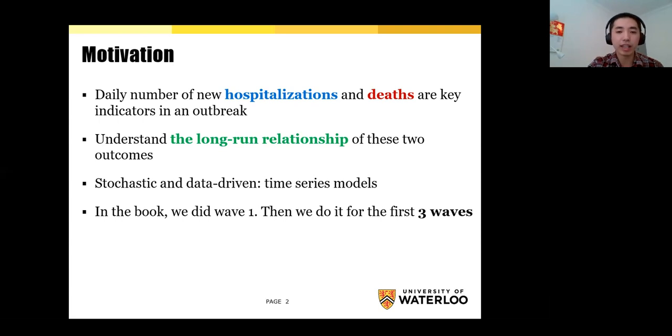So we decided, let's take this approach and look at what happened in wave 1 of the pandemic. That was what's in the book. And today, we are talking about what happened after that. So it's like season 2 of the episode. That covers the first 3 waves of the pandemic in Ontario.